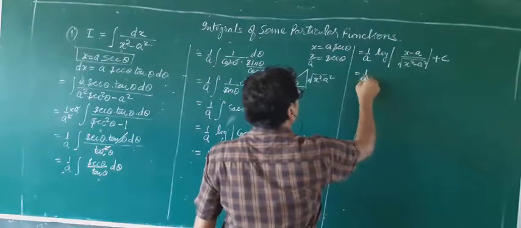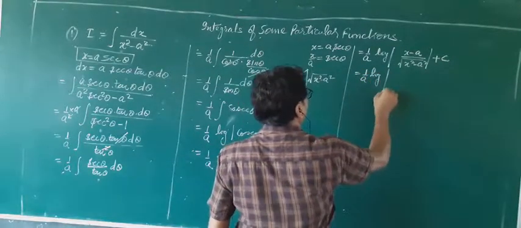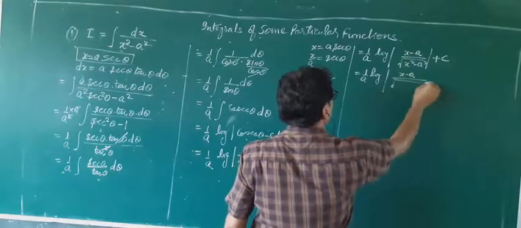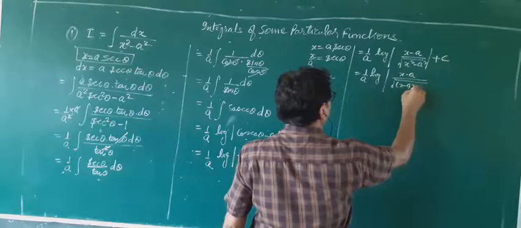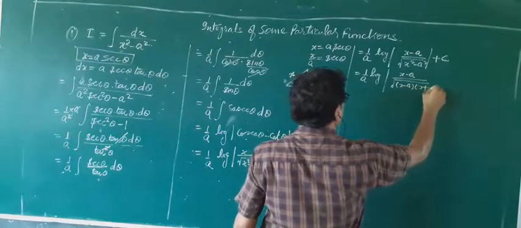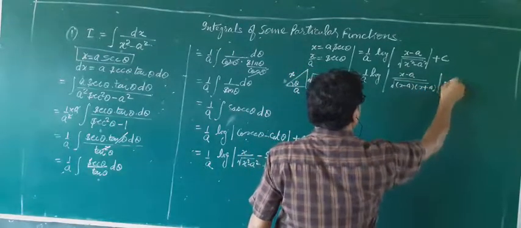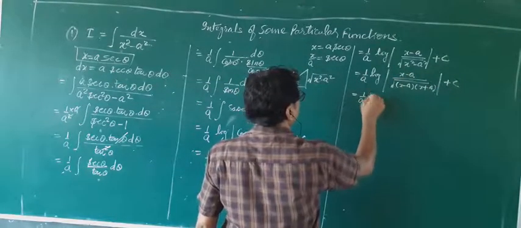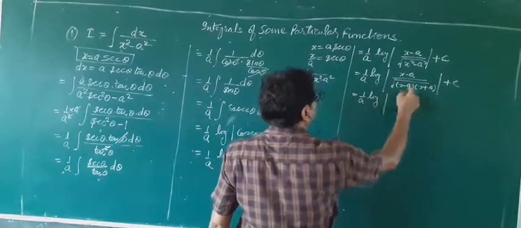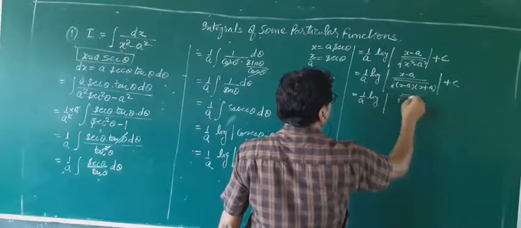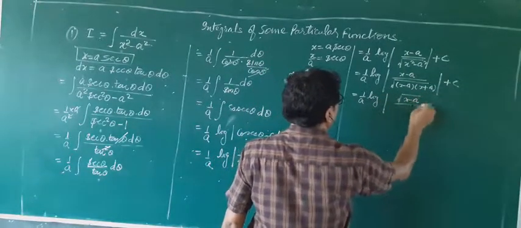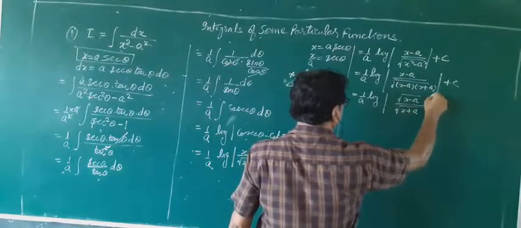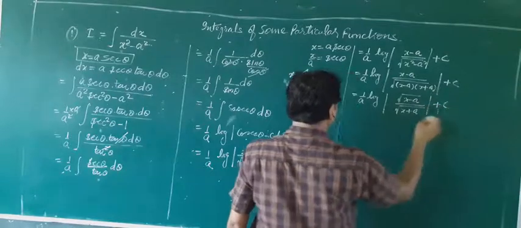Breaking x square minus a square into x minus a and x plus a, the common factor cancels out, so it becomes 1 by a log of root of x minus a upon root of x plus a plus c.